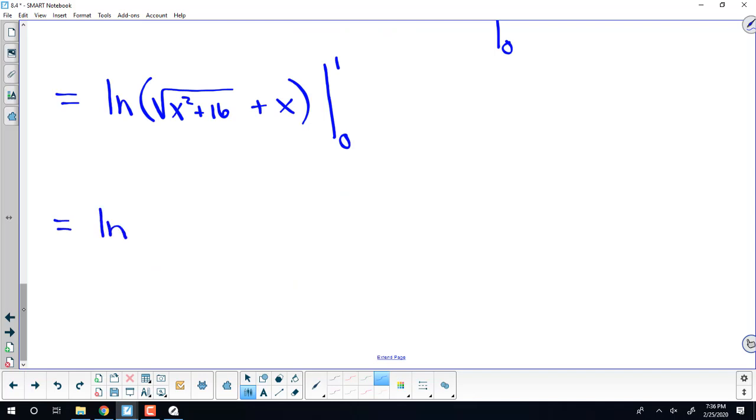Plugging in 1, we have the natural log of the square root of 17 plus 1, minus the natural log of the square root of 16 plus 0.